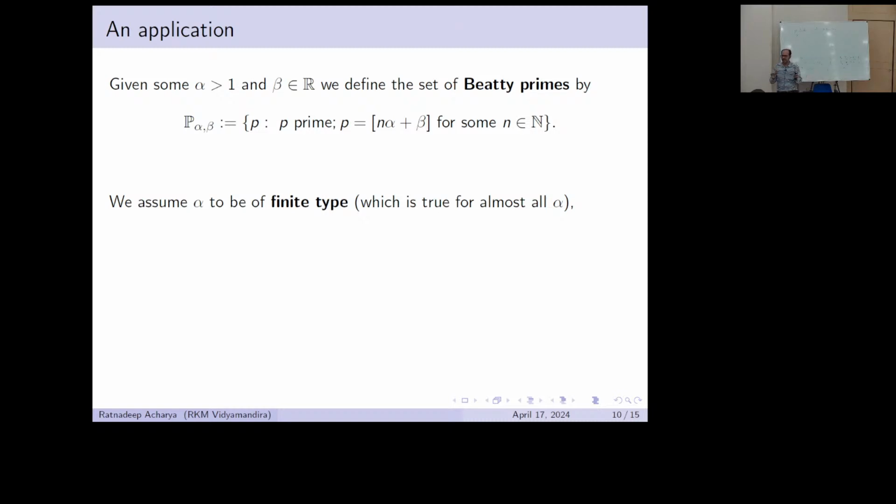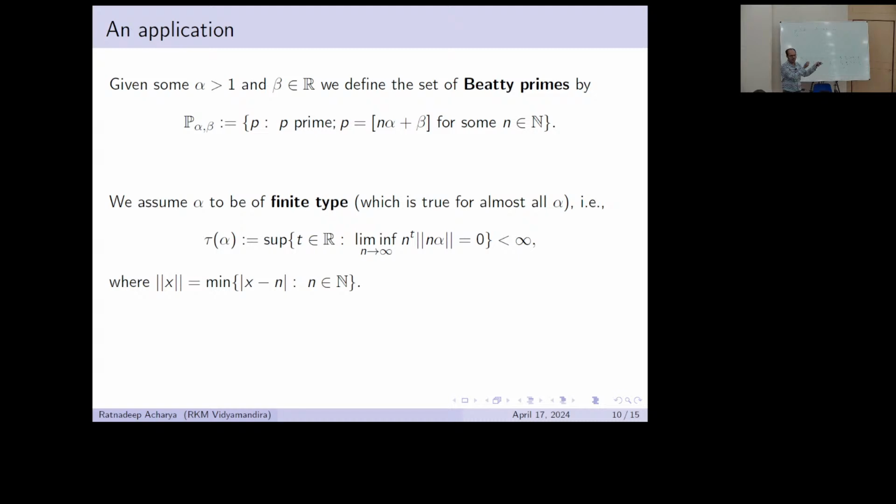Just remember that for all algebraic irrationals, alpha is of type 1. So alpha is not only of finite type, but of type 1. The definition of type is here, but you can ignore it.